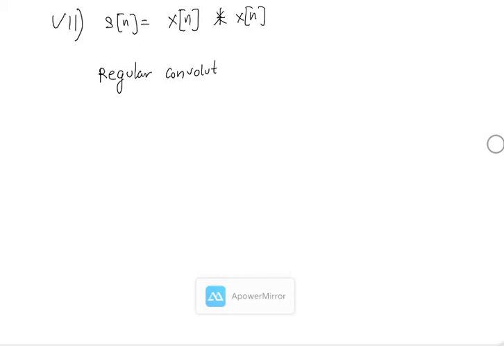How do we differentiate between the regular and the periodic? If you look at this symbol, there's no circle, just this one, it is a convolution. Or with the circle, this one is a periodic convolution.